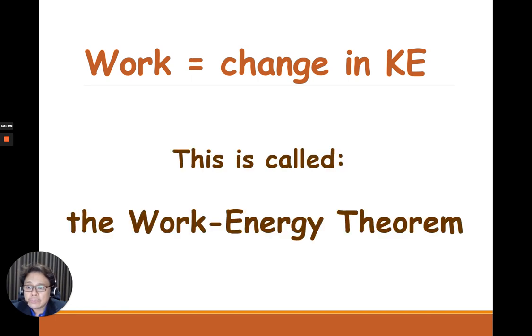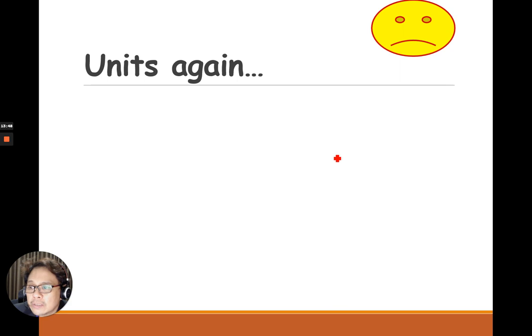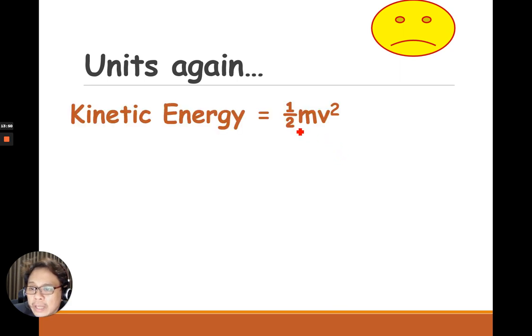This equation that you see in front of you, work is equal to change in kinetic energy, is what we call the work energy equation. So this is the first one. Later on, we are going to equate work with potential energy. Let's look at the units again. Kinetic energy is 1/2 mv squared. m is the mass, v is the speed of an object. Mass is in kilograms.